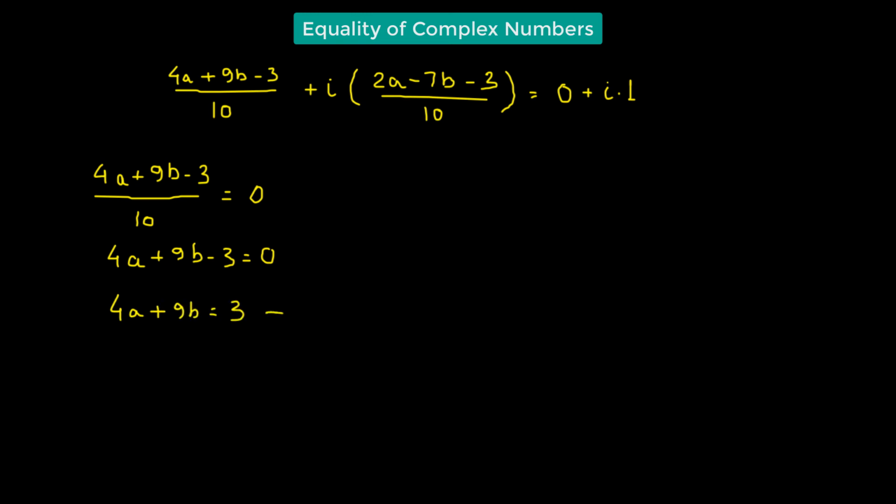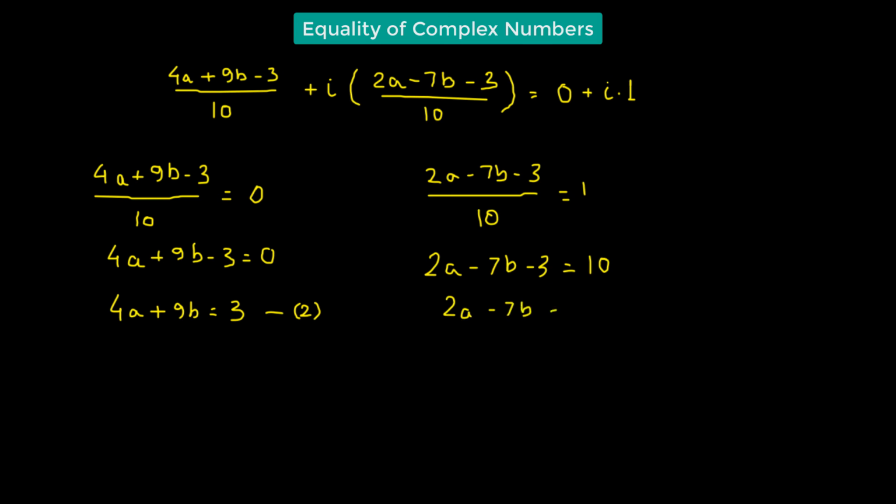Let this be equation number 2. And we compare the imaginary part, so that gives us 2A minus 7B minus 3 divided by 10 is equal to 1. So we have 2A minus 7B minus 3 is equal to 10 times 1 is 10. So we have 2A minus 7B equals 10 plus 3, which is 13, and let this be equation number 3.